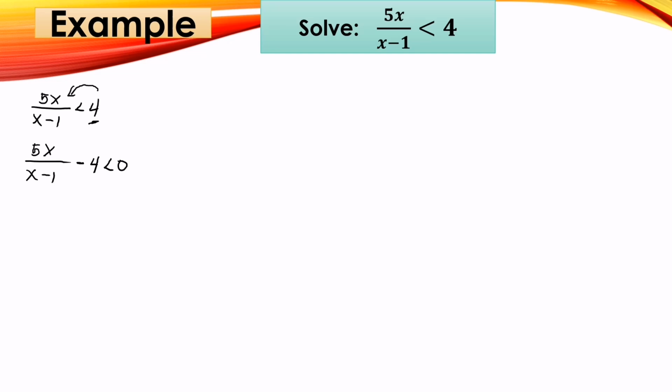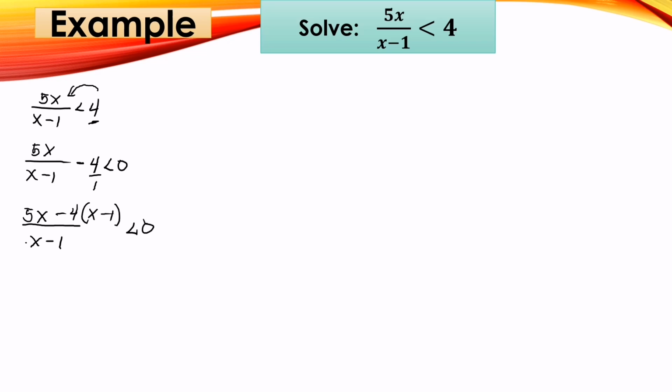And then, we write this into a single rational expression. So, paano gagawin? By getting the LCD, x minus 1. LCD divided by the denominator: x minus 1 divided by x minus 1 is 1, times the numerator, which the answer is 5x. Then x minus 1 divided by 1 is x minus 1, times negative 4, is less than 0.